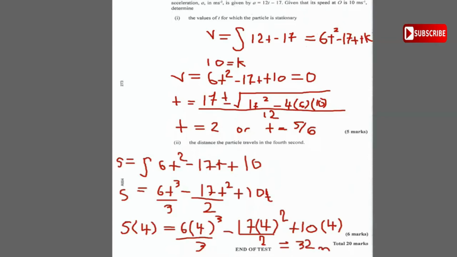So that's the distance the particle travels up to 4 seconds. But it asks for the distance it travels in the 4th second.